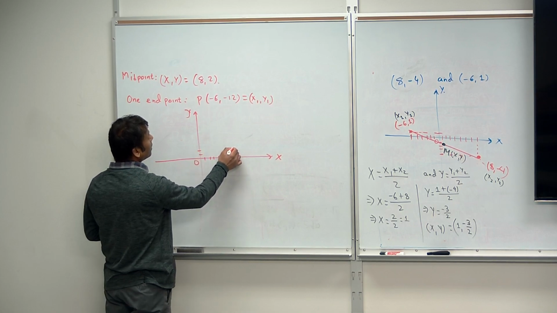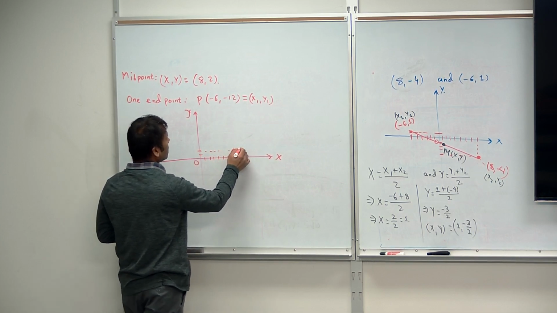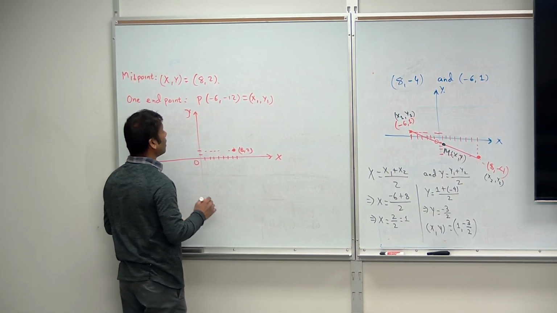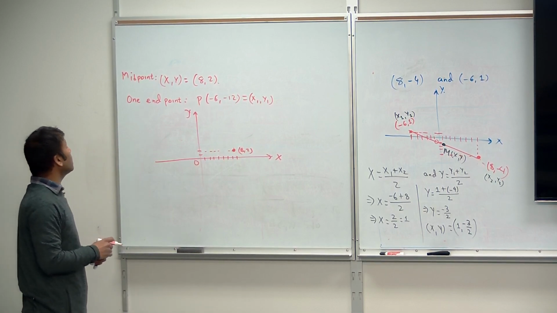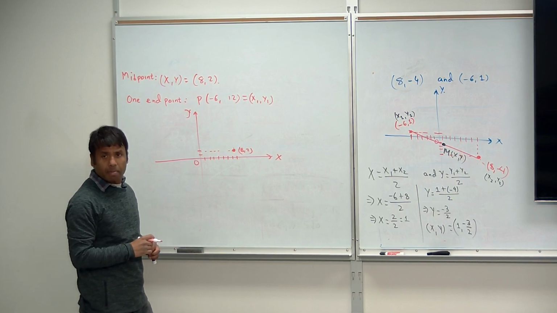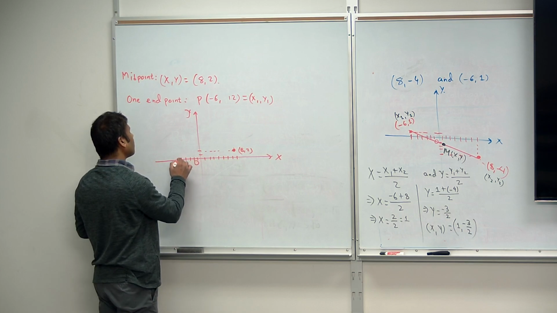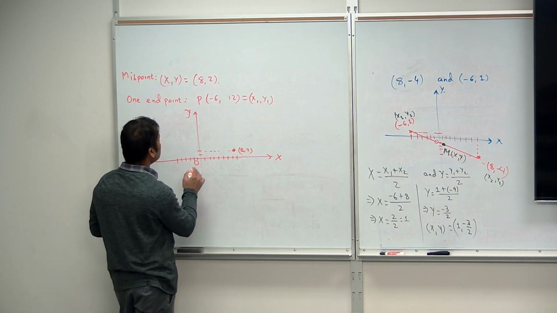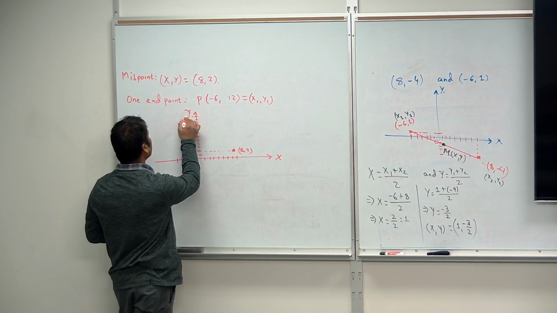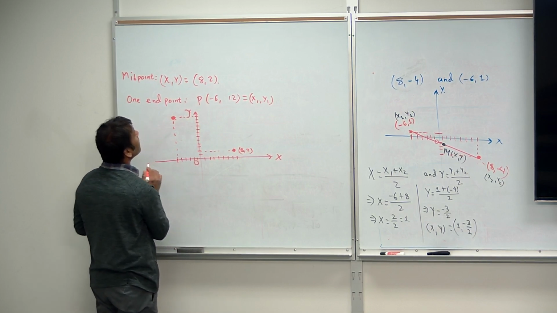And one endpoint is negative 6 comma positive 12. Sorry about that. So negative 1, negative 2, negative 3, negative 4, negative 5, negative 6, comma positive 12, which is 1, 2, 3, up to 12, somewhere here. So this is negative 6 comma 12.